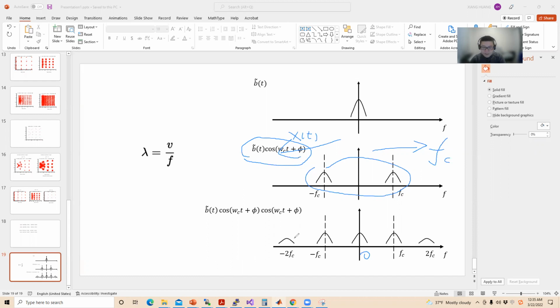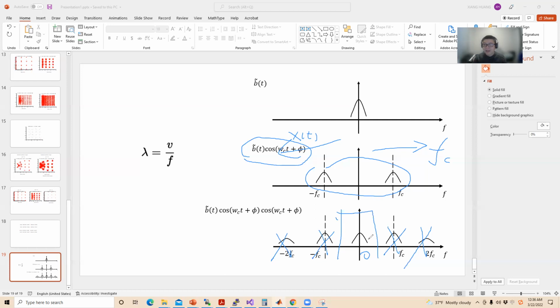You can see we don't want this part, since at the receiver we want to process our baseband signal rather than the high frequency signal. So we don't want this high frequency information. We just want to remove it and keep this low frequency information. This low frequency part corresponds to our baseband signal. So how can we achieve this?